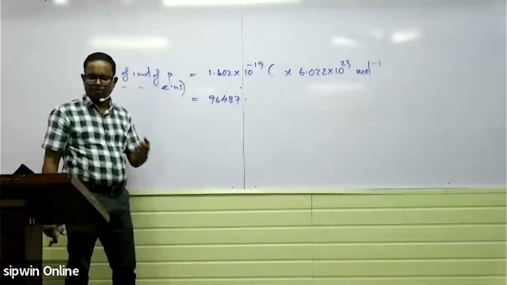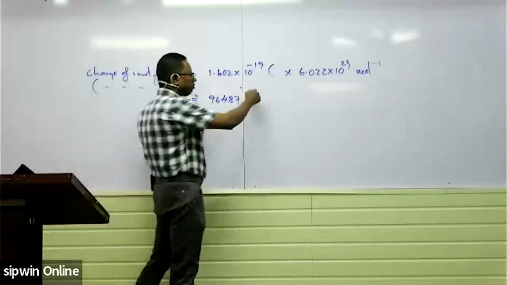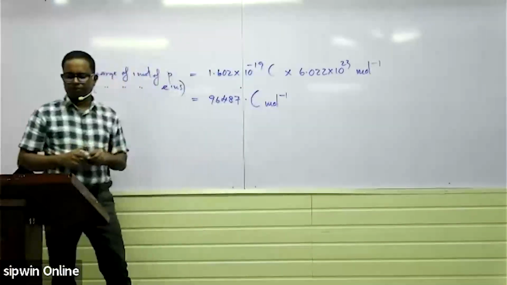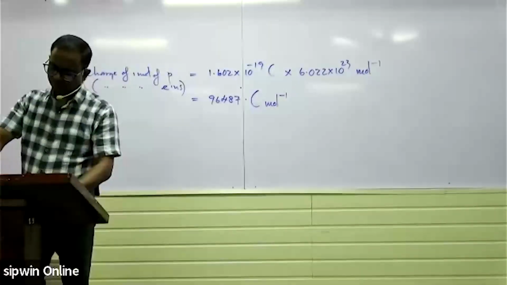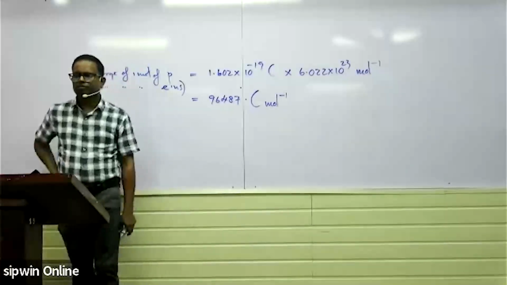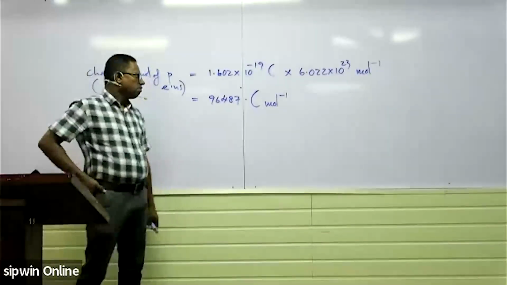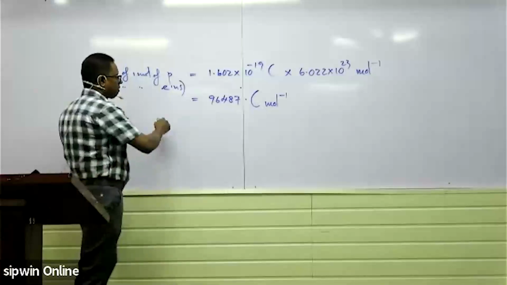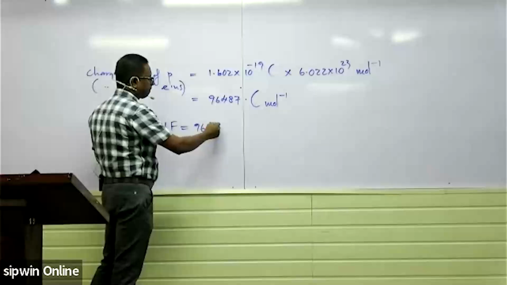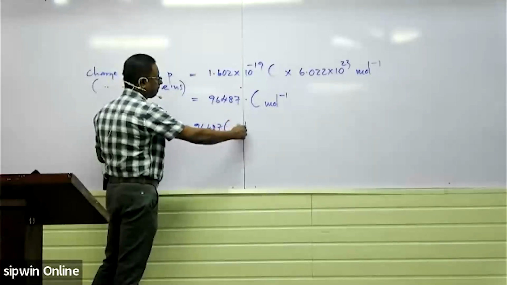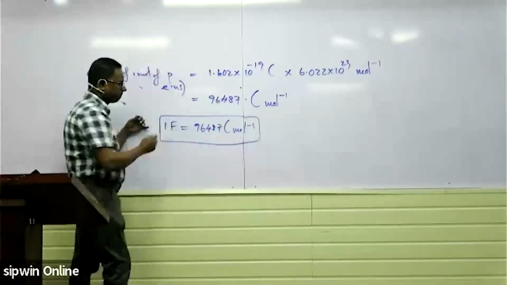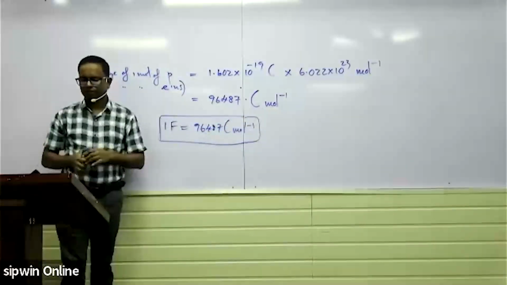The unit is coulombs per mole. This is 1 Faraday, the Faraday constant.